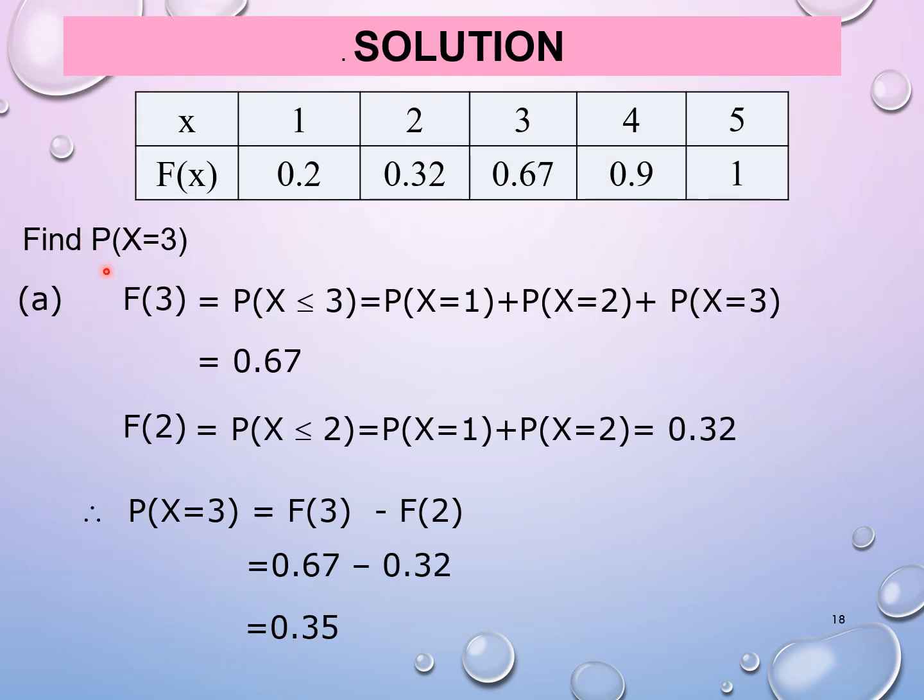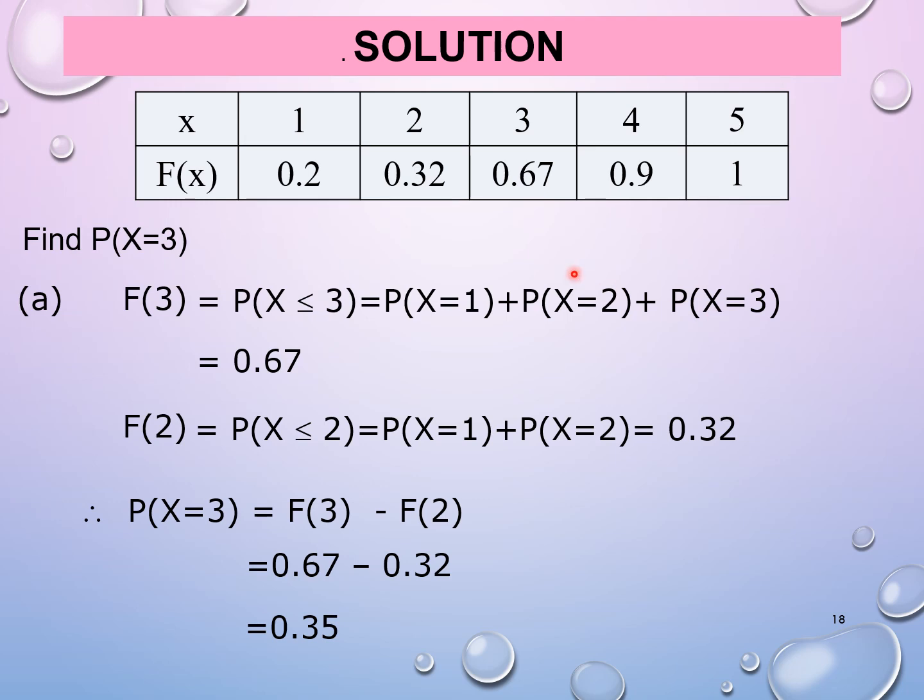First, you need to find probability x equal to 3 given this CDF table. So F3, cumulative of 3, is actually equal to probability of x less than or equal to 3, which means that you have to sum up probability of x equal to 1, probability x equal to 2, up until probability x equal to 3.